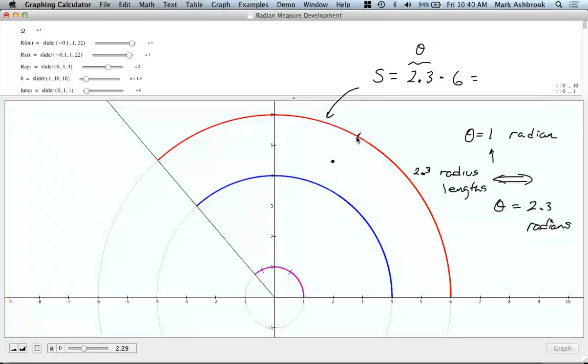So there's 1, and then there's 2. So we have 2.3 of these arc lengths that are 6 units long, radius lengths. And I don't know what that is. 13.8.